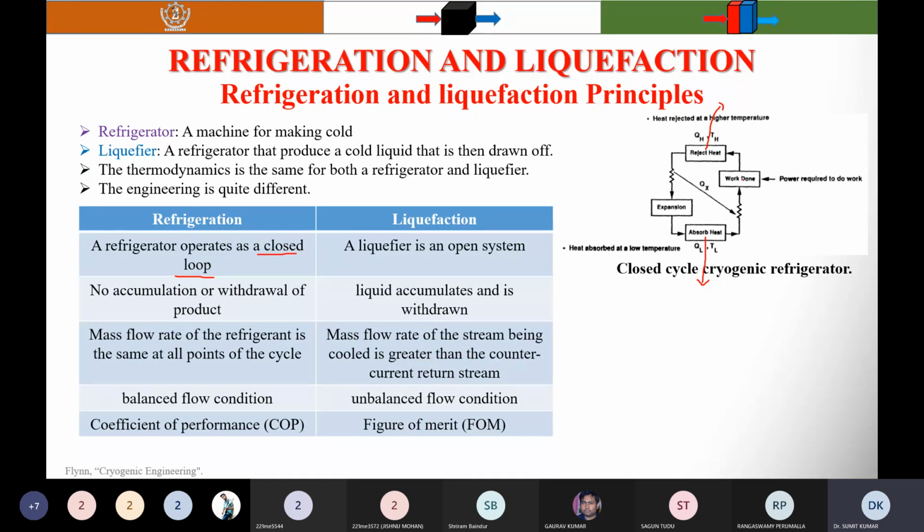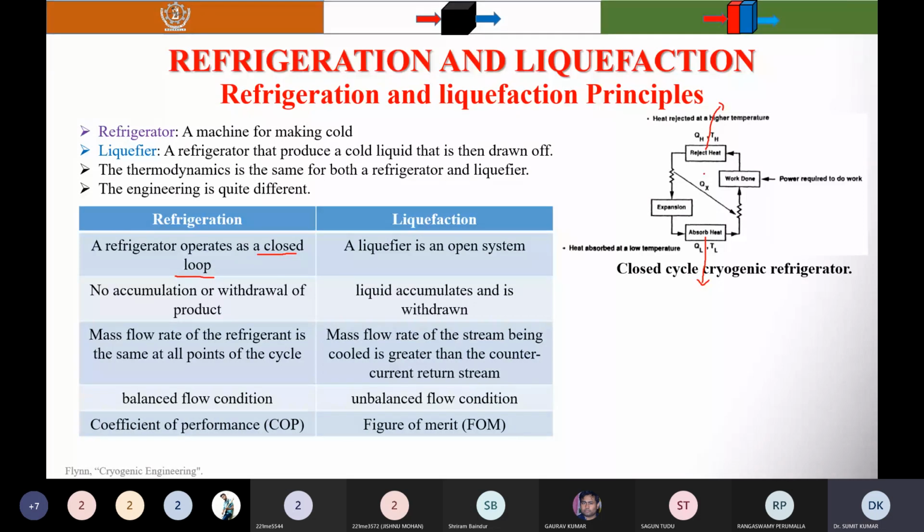In the compressor, the valve, the evaporator, the condenser, everywhere, whatever amount of mass enters the device is equal to the mass flow rate leaving the device. So that's why it is called a refrigerator operating as a closed loop. Here the mass flow rate of the working fluid is the same throughout the cycle.